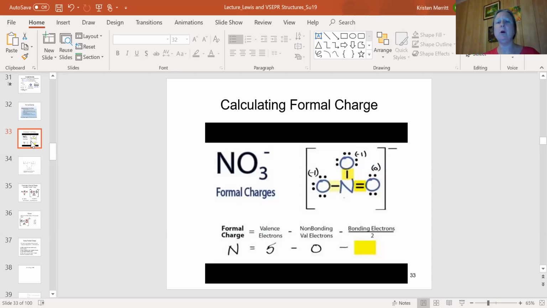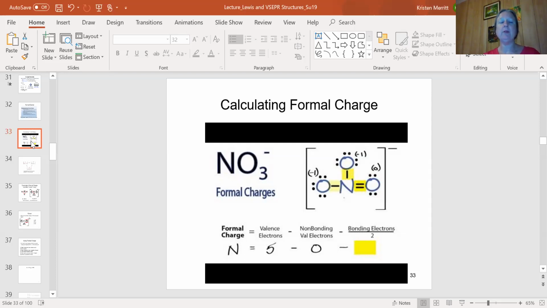We're looking for the lowest energy Lewis structure of a molecule. Sometimes you can have more than one Lewis structure for the identical molecule. Now, we're not talking about isomers this time. We're talking about, you know what the molecule is, you know what's connected to what, but the way the bonds are laid out can be different. So we use the formal charge system to identify the lowest energy form.